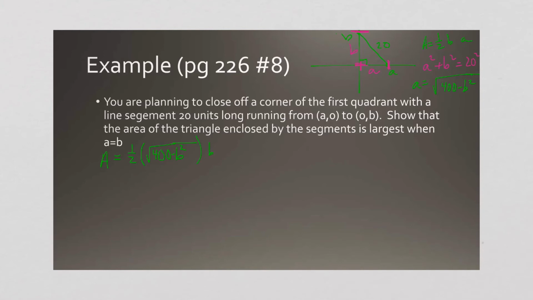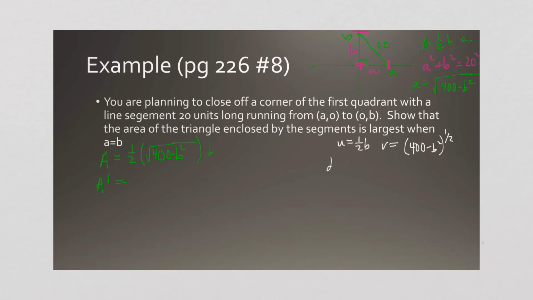Okay, we are back to finding the derivative, a prime. I'm going to use the chain rule, so u is 1/2 b, v is 400 minus b squared to the 1/2.